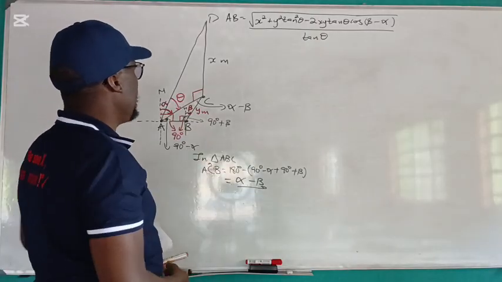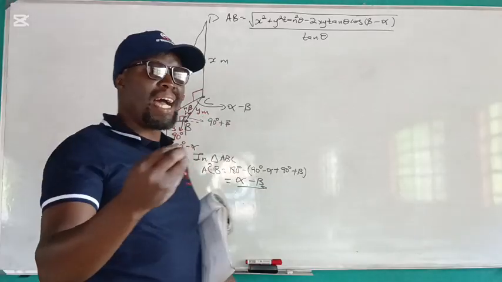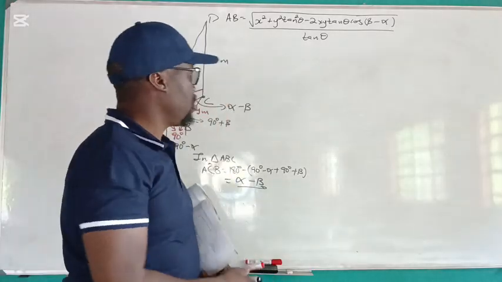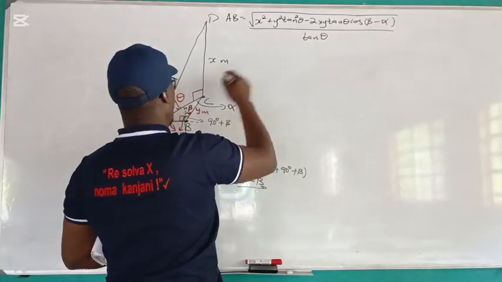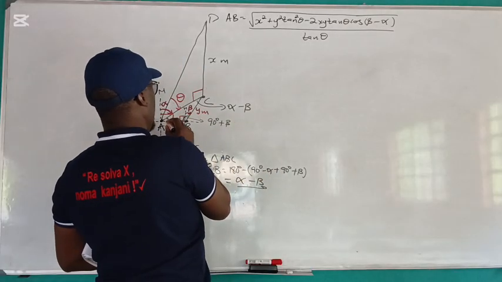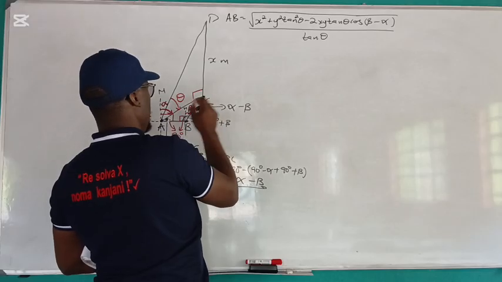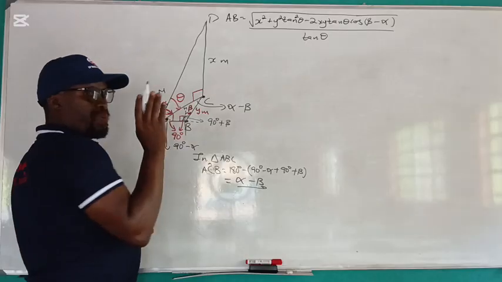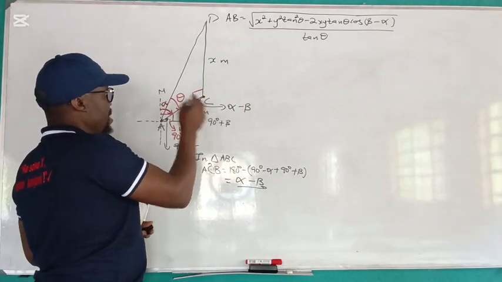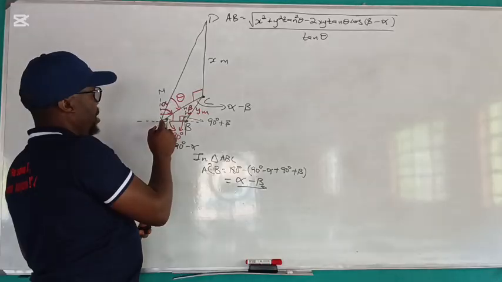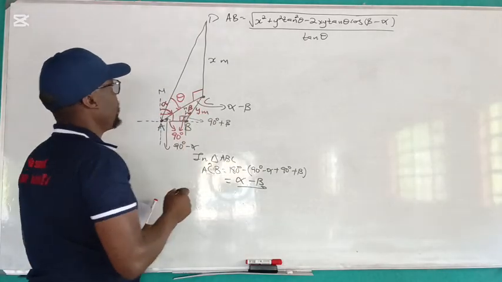I think over here we need to apply the cosine rule. But before you do that, you've got AC. I hope you can see clearly AC. Let's determine the length of AC.